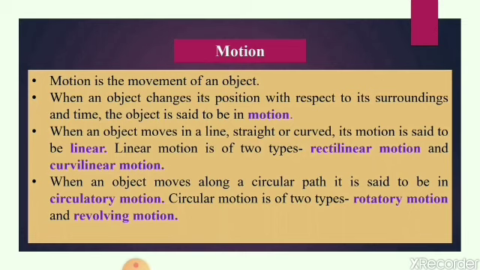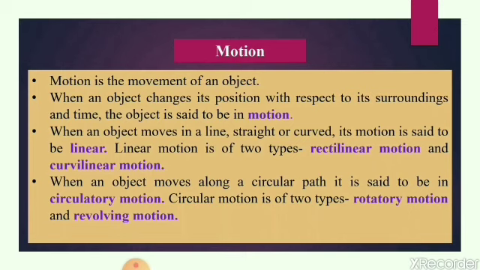One very good example of rectilinear motion that we studied in 6th class is the movement of light. We all know that light always moves in a straight line. Now, the second type of motion is circulatory motion.